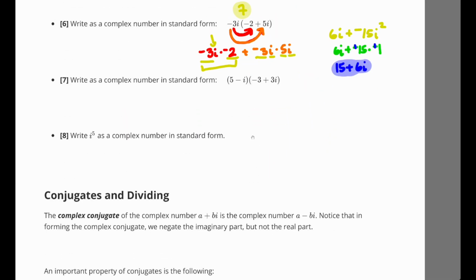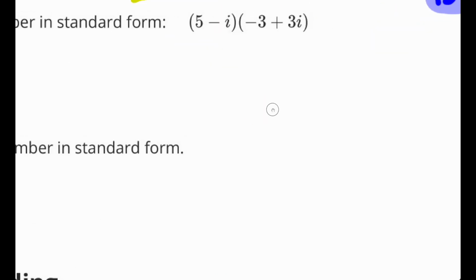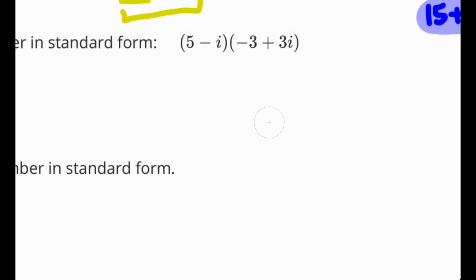All right, onward we go to number 7 here. Now we're multiplying two complex numbers together. I'm going to grid this out, I think. I feel like that's the way to go sometimes with these. So with the grid, I'm going to do one of these where it's like 5 minus i. And then I'm going to make a line here.